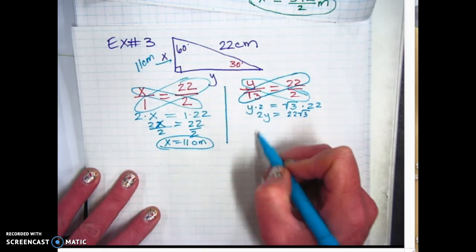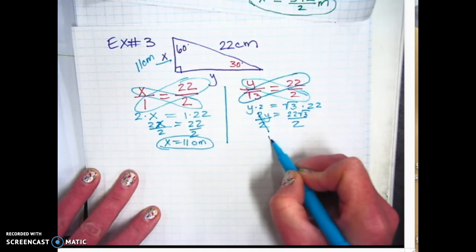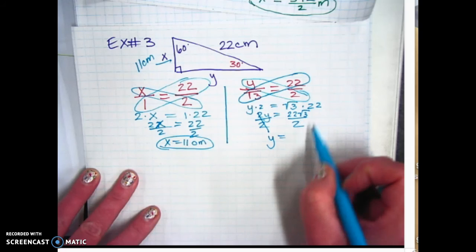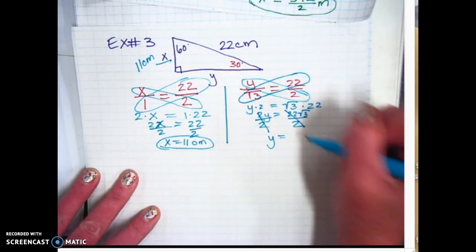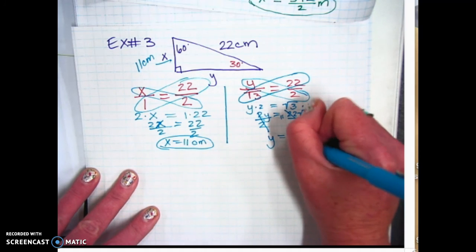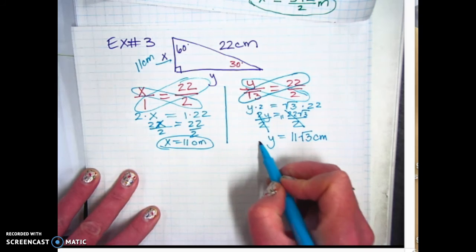Y is being multiplied by 2, so the inverse operation is to divide by 2. These cancel, and we get y equals, can we simplify over here or reduce? Yes, 2 goes into 22 how many times? 11. So this is 11 square roots of 3 centimeters.